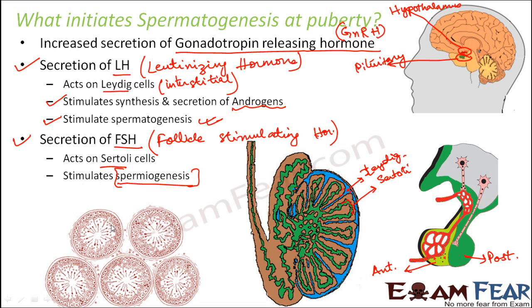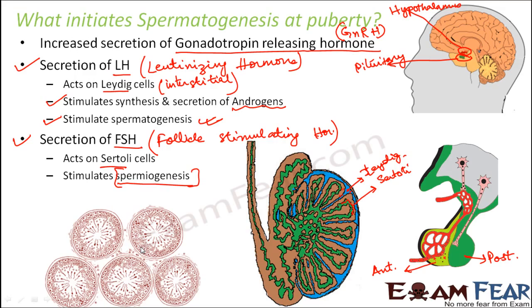Now let us quickly have a look at where these cells are actually located. Let us look at the cross section of the seminiferous tubule. In this seminiferous tubule, you can see the male germ cells. The inner lining of a seminiferous tubule is formed by two types of cells.